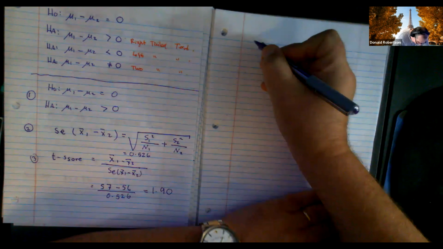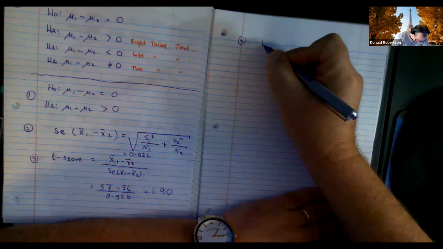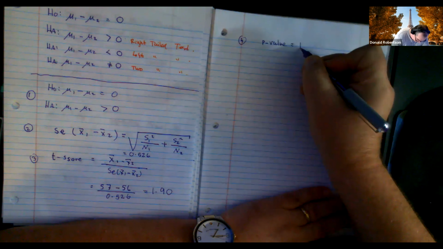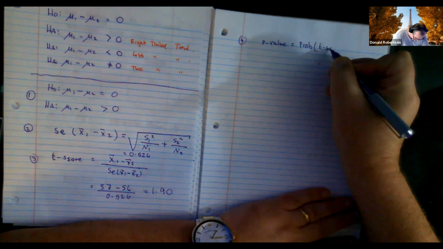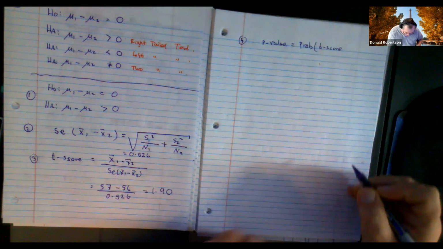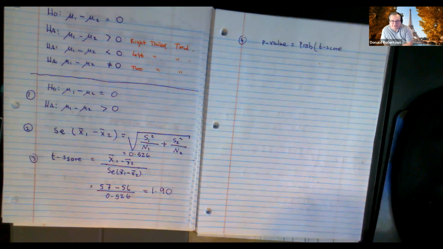Basically, that's step 3. We can now move on to step 4, where we calculate what's called the p-value. And the p-value is the probability that you get a t-score bigger than 1.9 or less than 1.9, because you have to make sure you get it the right way around.